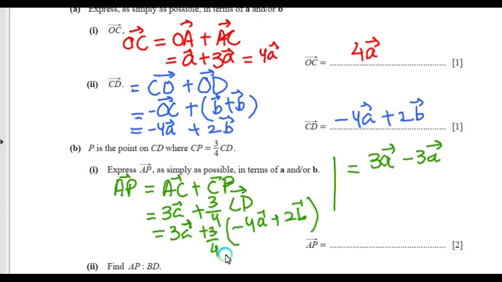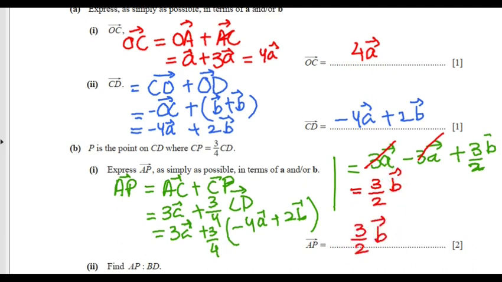AC should be equal to positive 3A, because 3A is in the same direction as AC. So plus 3A. And what about CP? CP is this vector, it's actually 3 parts of a total of 4 parts of CD.